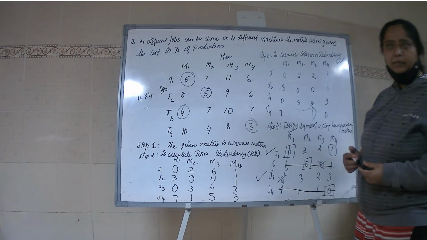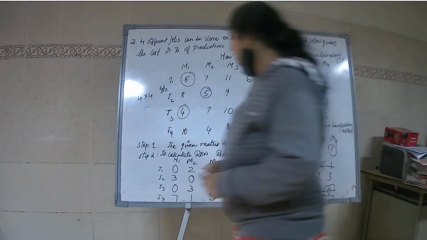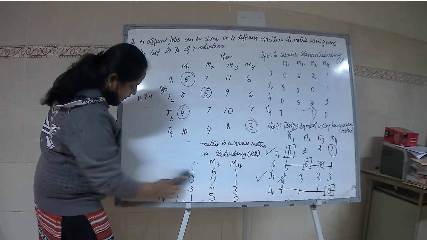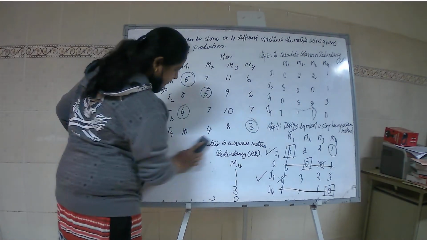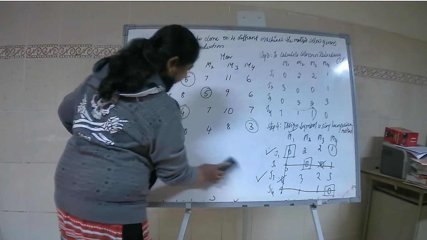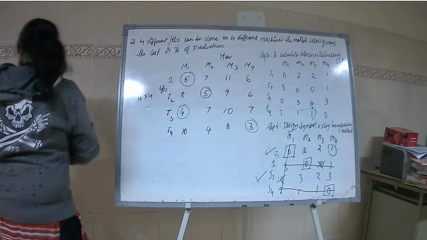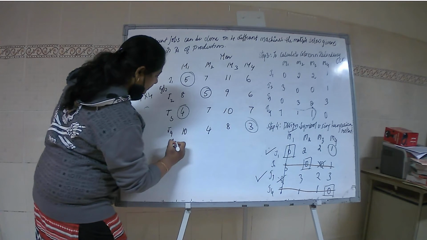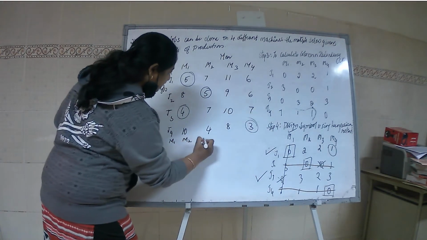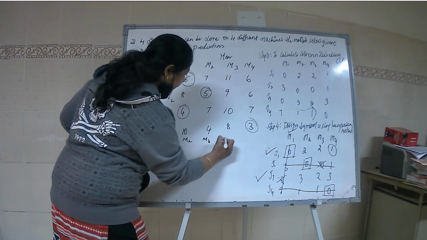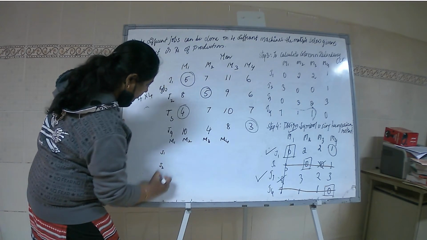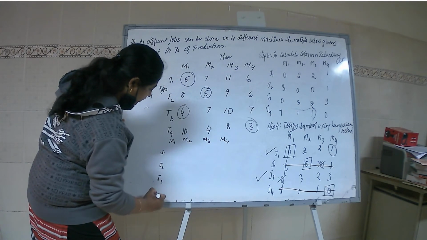Now let's start the problem. Okay students? Now I am erasing this side. So we will solve that problem. That is M1, M2, M3, M4, J1, J2, J3, J4.